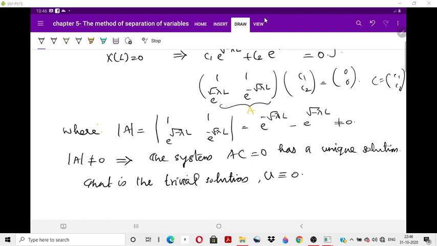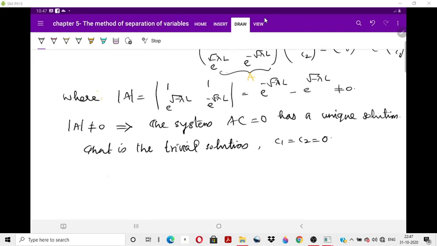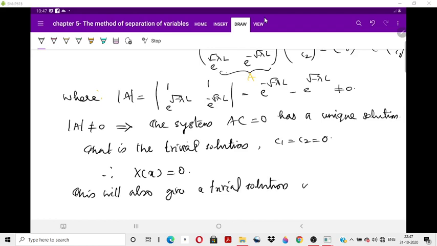U identically equal to 0. Sorry, trivial solution, not U equal to 0. C1 equal to C2 equal to 0. Therefore, X of x is identically equal to 0, which in turn implies, so this will also give a trivial solution, U equal to 0.